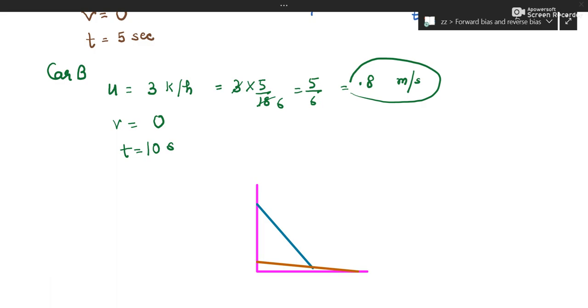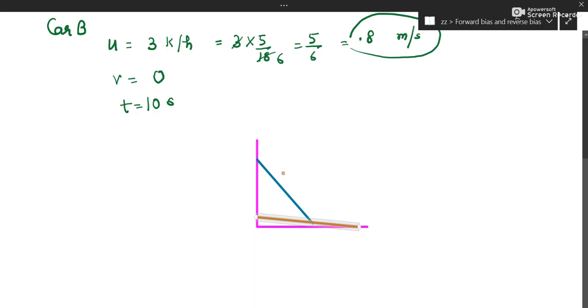Yes, children. So you can see in the second graph clearly. Here the blue line is representing car A's motion and this brown one is for car B. So this is velocities or speeds axis and this is time axis.